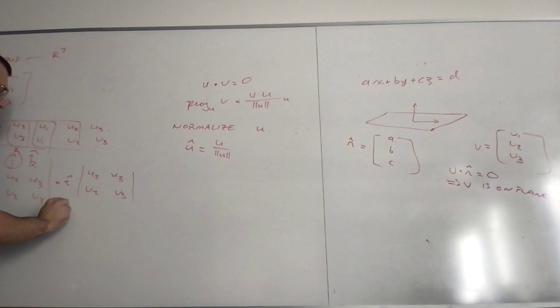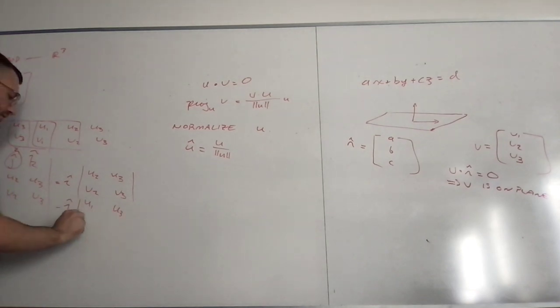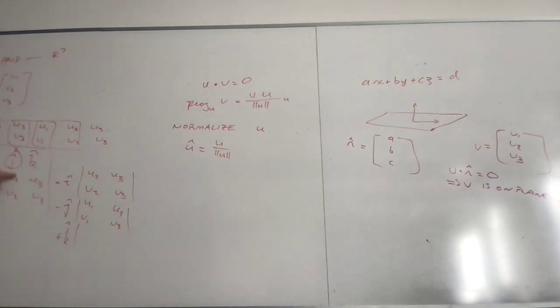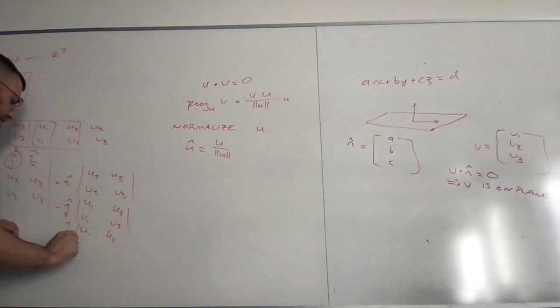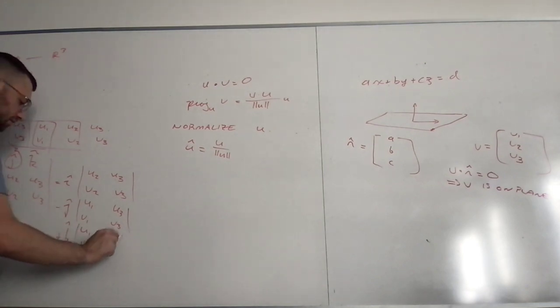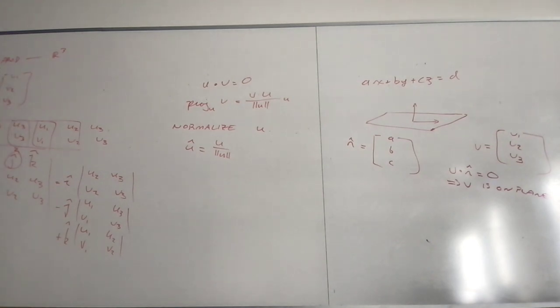So we'll subtract J hat times U1, U3, V1, V3, and then plus K hat times whatever's left in this side, U1, U2, V1, V2. And then, yeah, from there you just do the determinants and it gives you the answer.